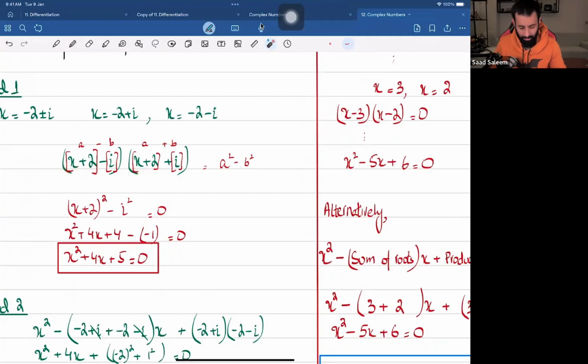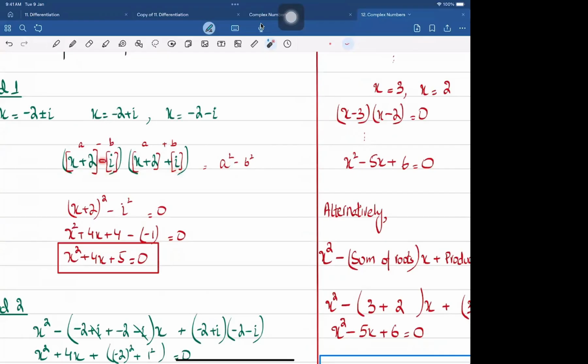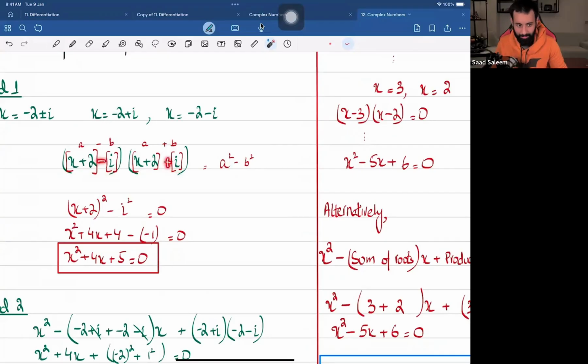So that's one term. We can call that a. We have iota in both the expressions. We have minus in one and plus in the other. There you go. So we have (a minus b) into (a plus b). The only difference is that a is not a single term. It's actually made up of 2 terms, and they are x plus 2. So that's how we know.